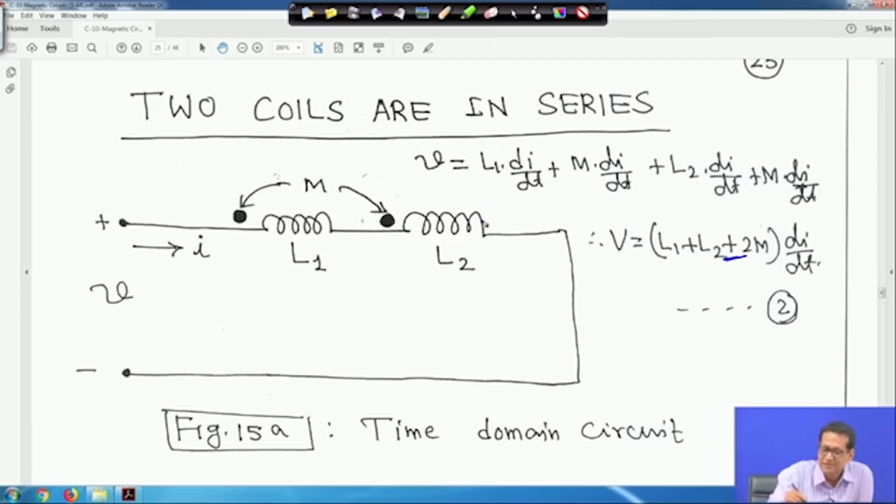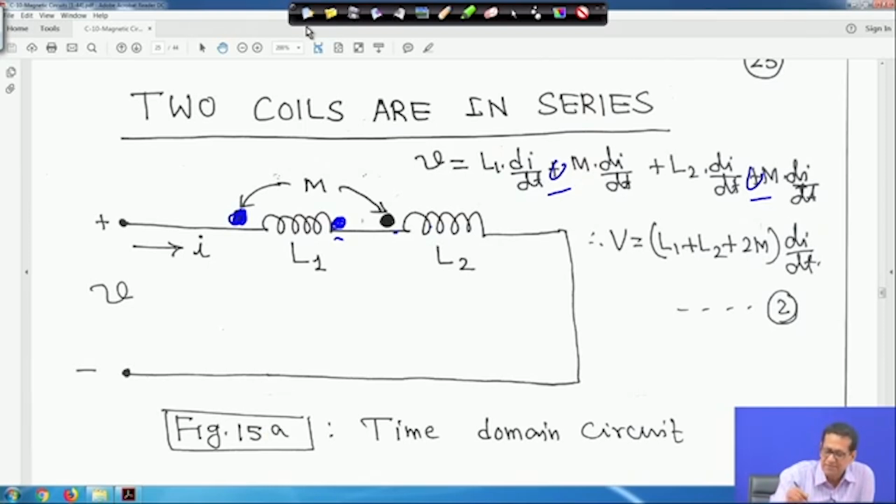Similarly, suppose the dot is here and not there. In that case, the current is leaving the dot, but in the other coil the current is entering the dot, so again it will be minus. So when one current is entering and another is leaving, it will be minus.